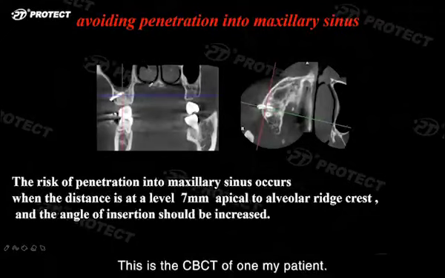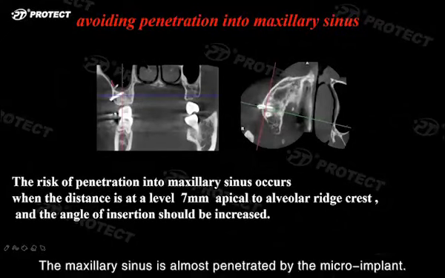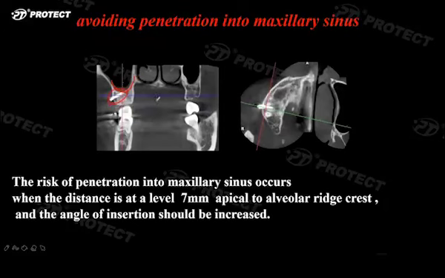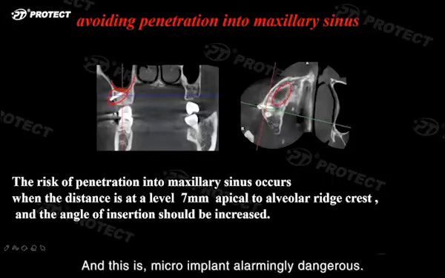This is the CBCT of one of my patients. The maxillary sinus is almost penetrated by the micro-implant. The low density area is the maxillary sinus, and this is the micro-implant, alarmingly dangerous.